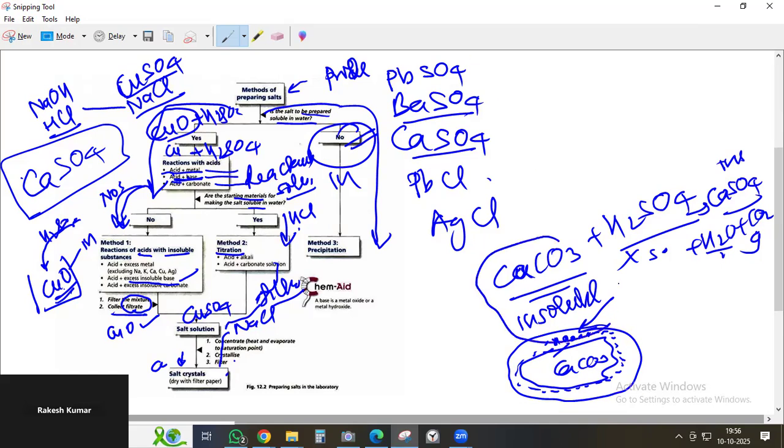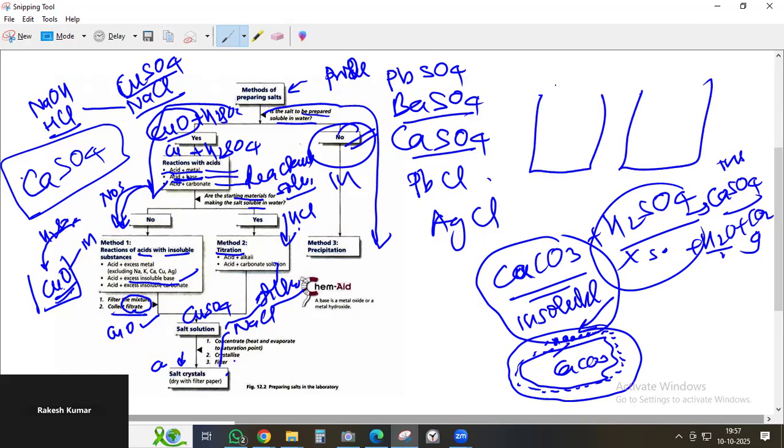What you do is, you don't take an insoluble thing, you take two soluble solutions. Like if I have to make CaSO4, I will have to take two solutions of Ca and SO4, something which dissolves.